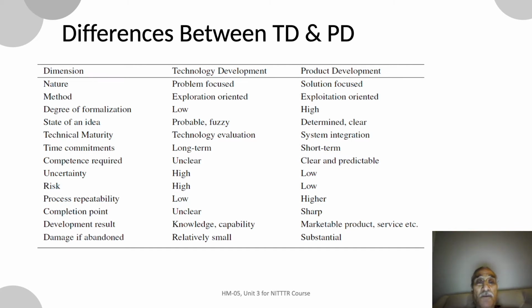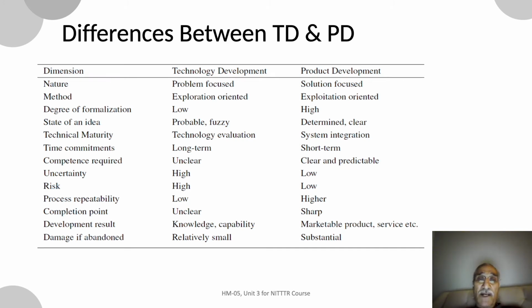Method is exploration oriented for technology development because we want to explore new ideas, we want to explore new technological concepts, we want to explore new manufacturing techniques, we want to explore new materials availability, and we want to at the same time orient our understanding or orient our internal competencies or joint ventures with other companies so that we can transfer the technology.